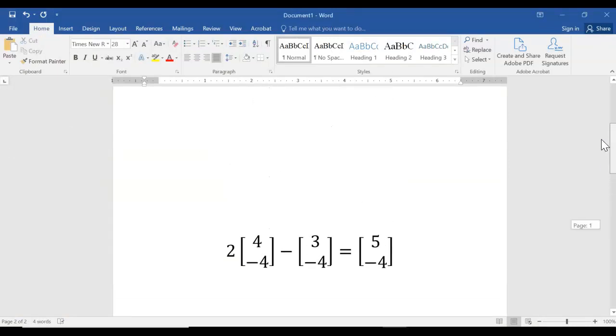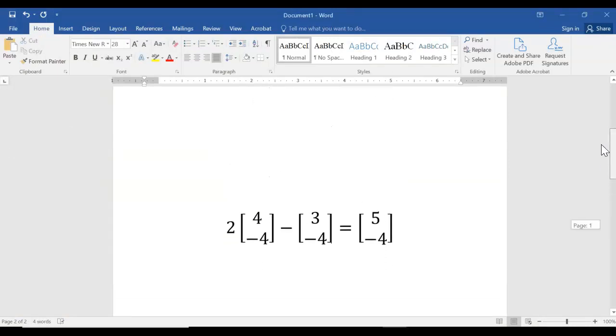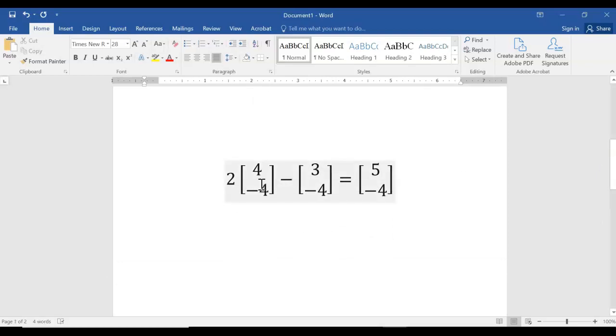So we saw that 2 times this vector minus this vector becomes (5, -4). So we could say that (5, -4) is a linear combination of this vector and this vector.